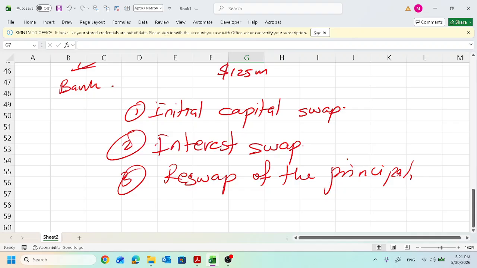Two, since you are re-swapping the amount at the end of the project at a pre-agreed rate, at least part of your end earnings is secured at a fixed, pre-agreed rate. So even if the exchange rate fluctuates unfavorably to you, you are not exposing your full earnings to the risk. Clear? Done. Now let's go to the question.